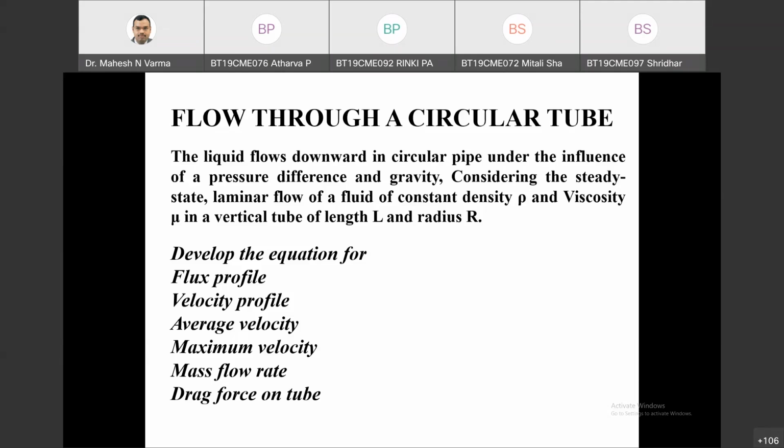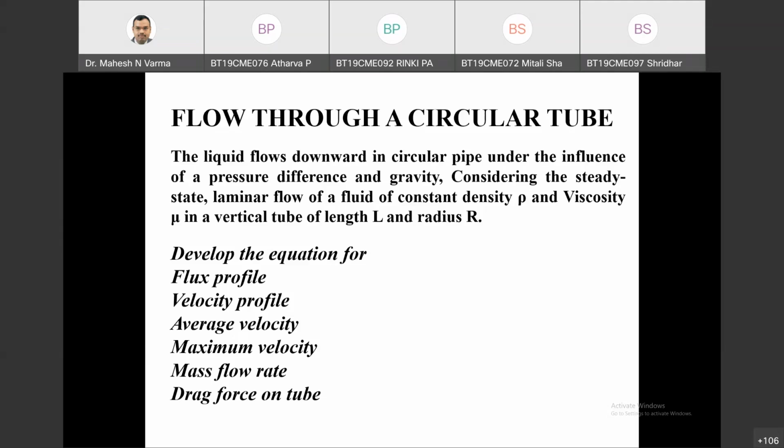V theta equals 0 because the problem is symmetric around the axis. If you go anywhere in the theta direction, you will experience the same forces. And secondly, end effects are neglected, hence V theta equals 0.